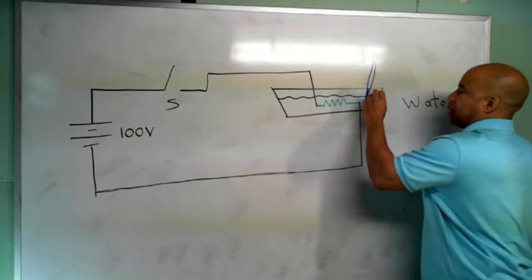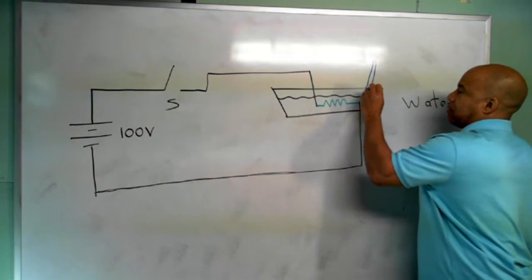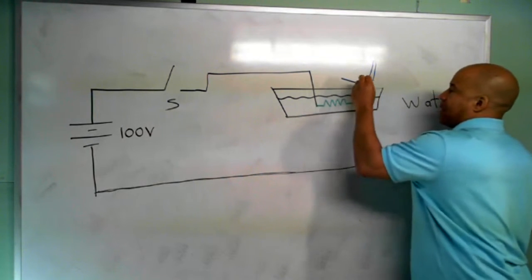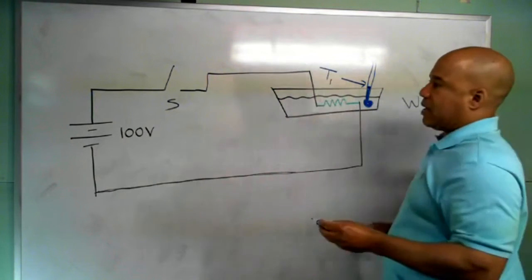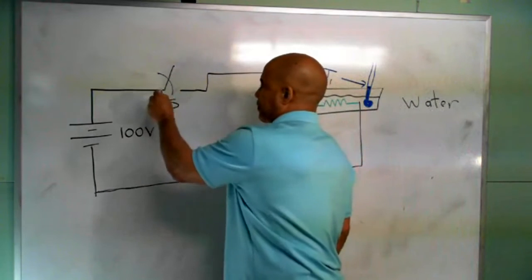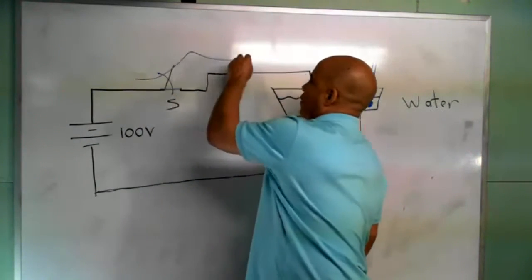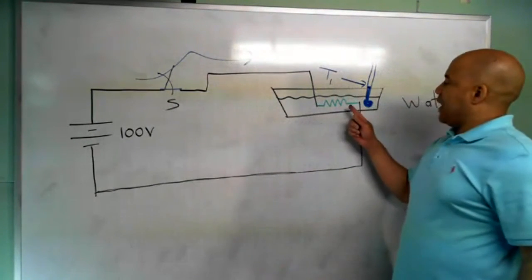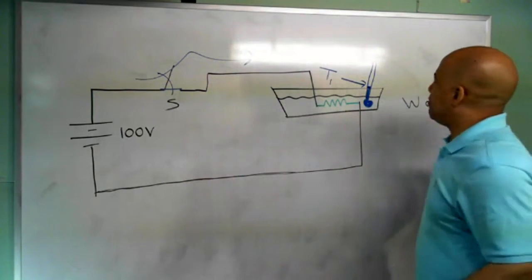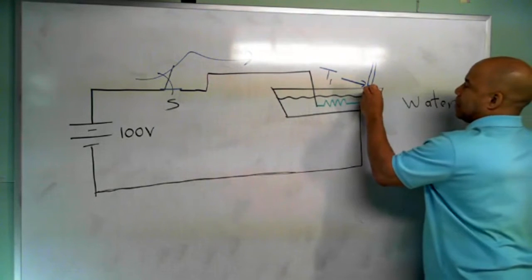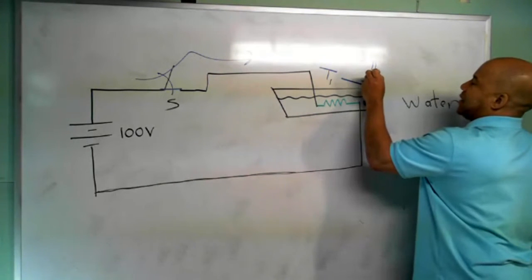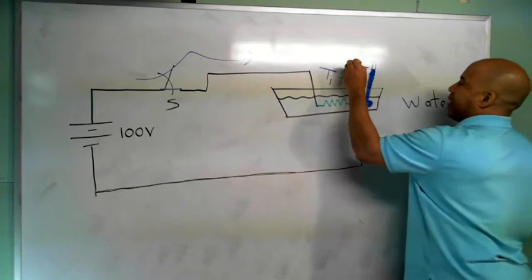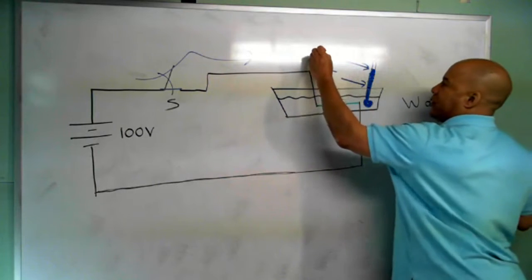So let's say the temperature of the water is right here. We'll call it T1. I close the switch. Now current flows in the circuit. That resistor is going to heat up. The thermometer is going to rise to a higher temperature. So let's say it rises up to right there. We'll call that T2.